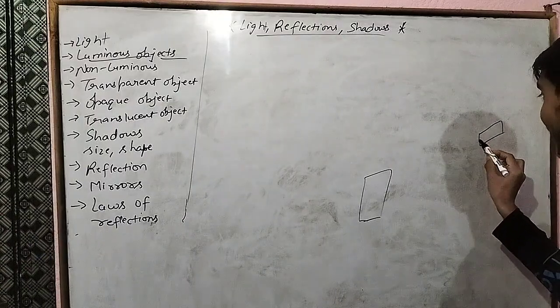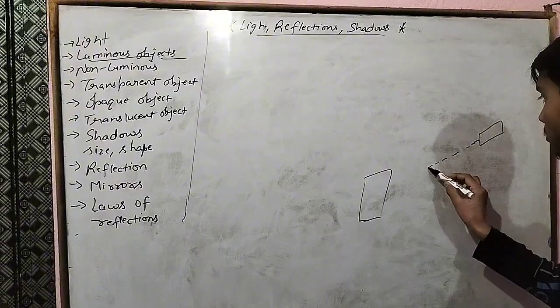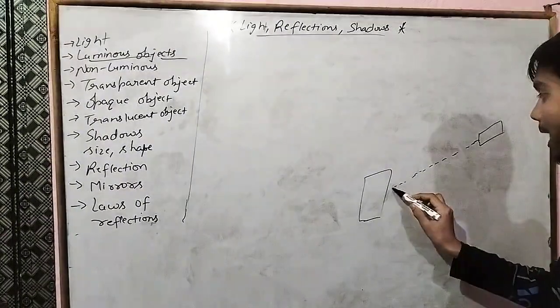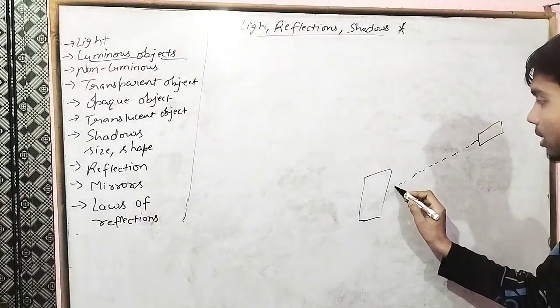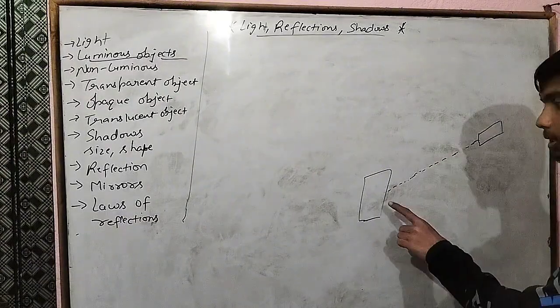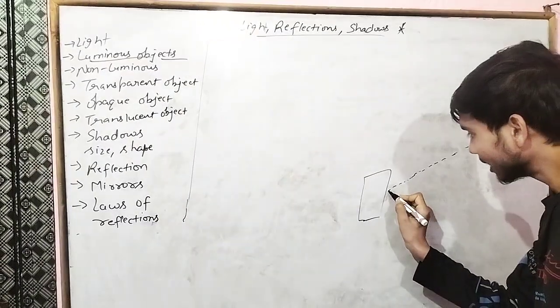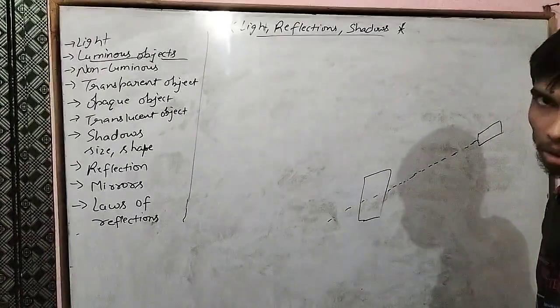And light is coming from this source and falling on this object, and it is passing through this object. So this object is saying, I am what? Transparent.